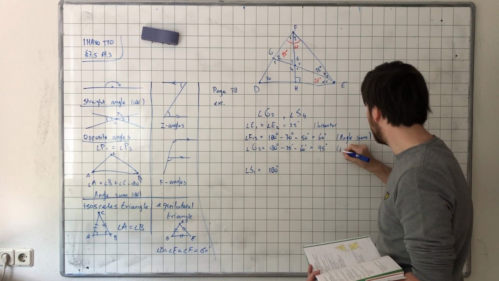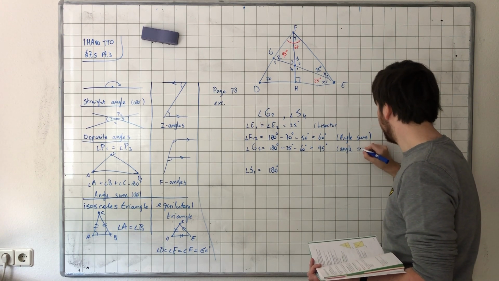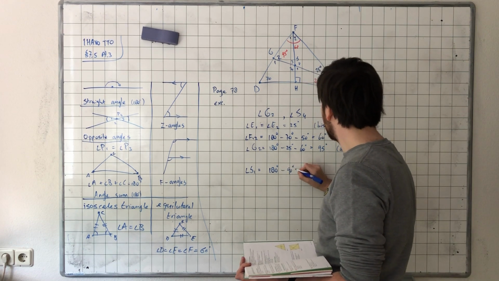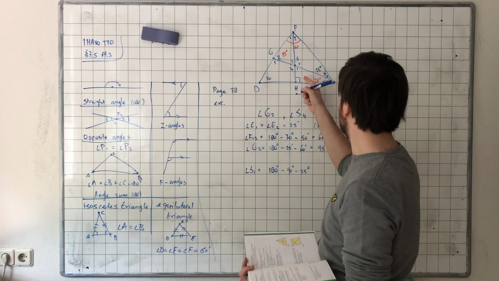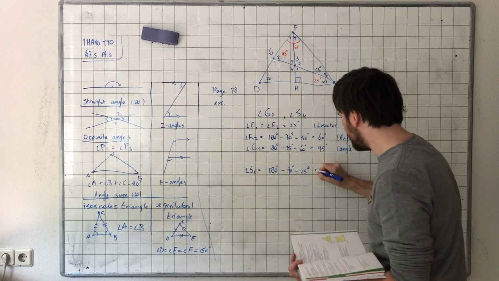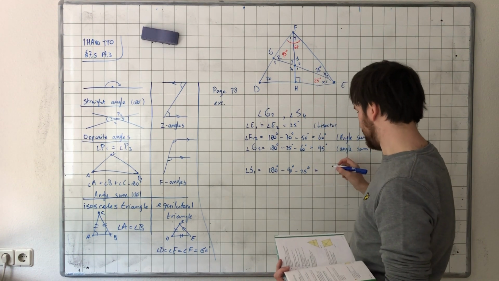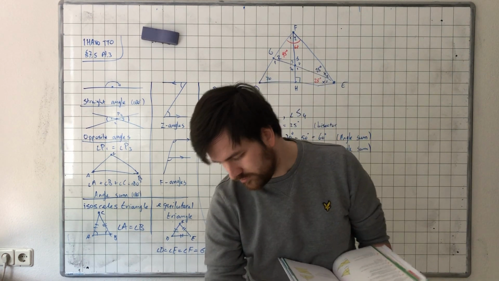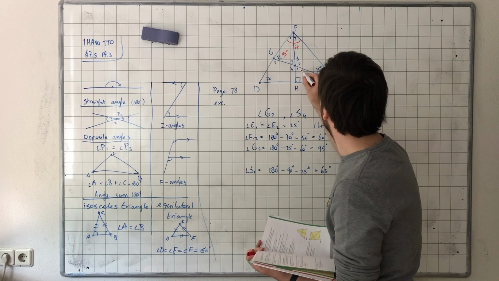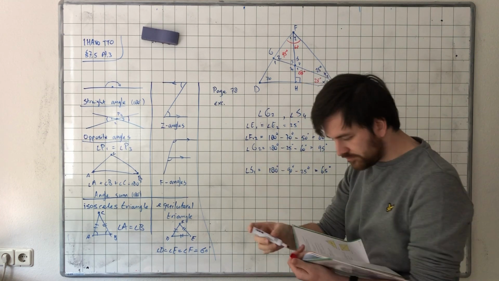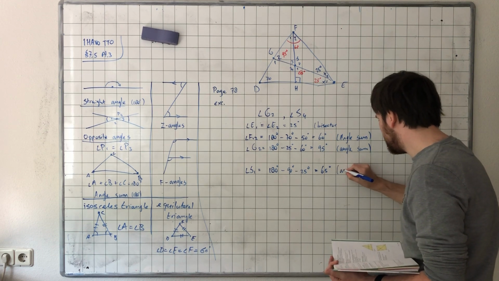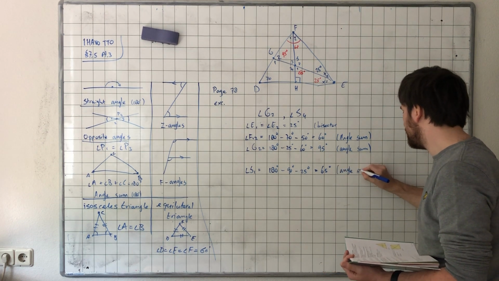Shouldn't forget these things. Minus 90 degrees, minus 25 degrees. So I'm subtracting these two angles and then I'll get the third one, which is 65 degrees. So this one over here, 65 degrees. And once again, I am actually using the angle sum.